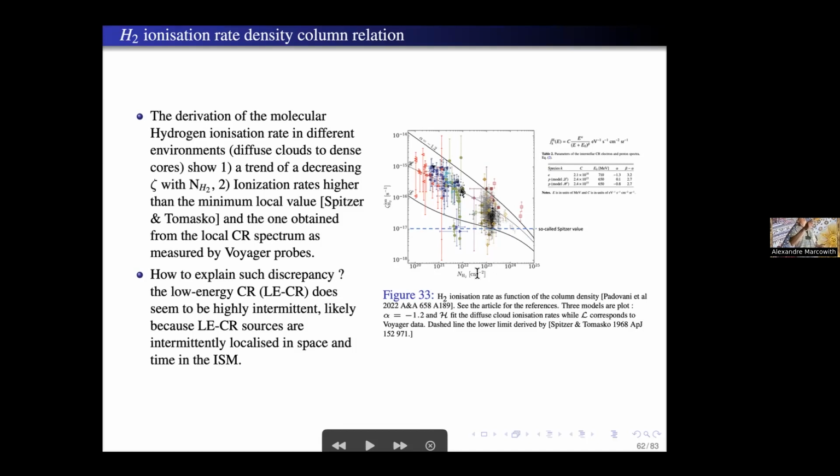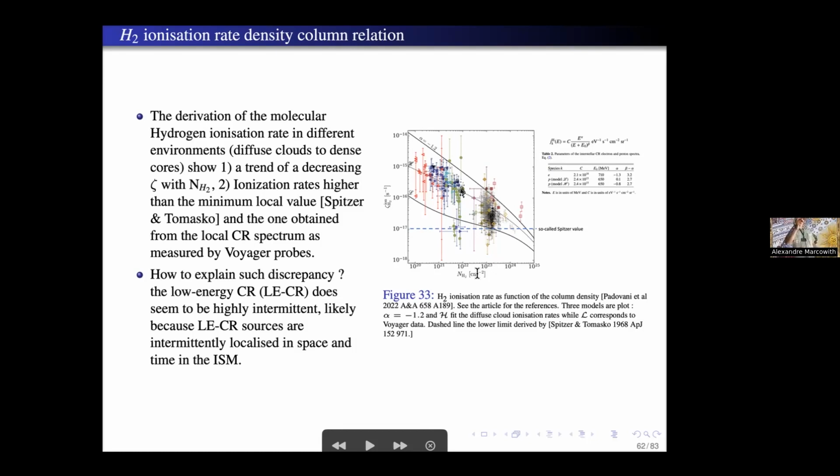You can take this typical value of the cosmic ray ionization rate for the local medium, from a paper from 1968 by Spitzer and Tomasko. This 10^-17 is in fact a limit, not really a measurement.